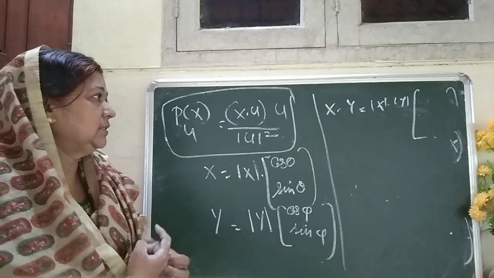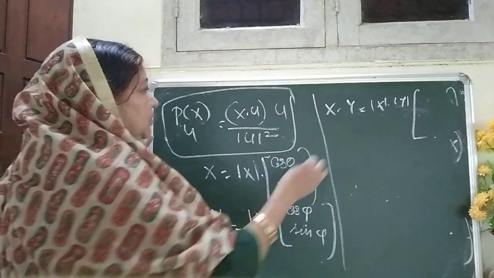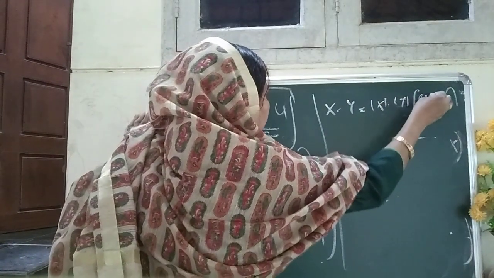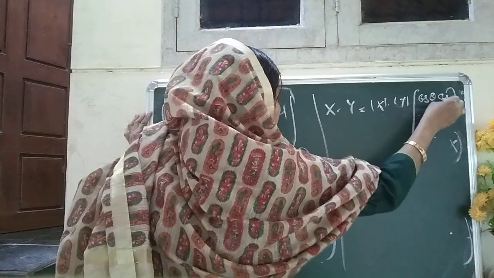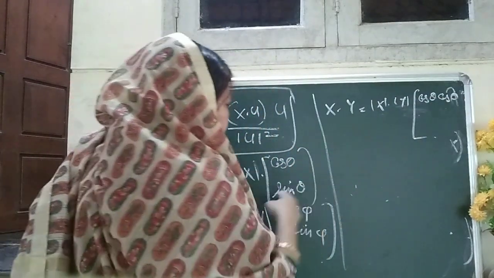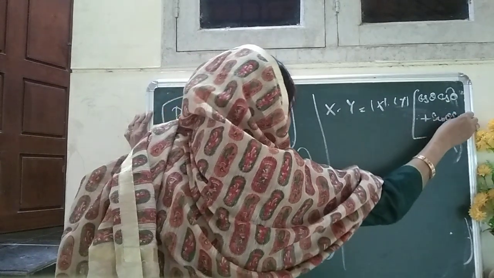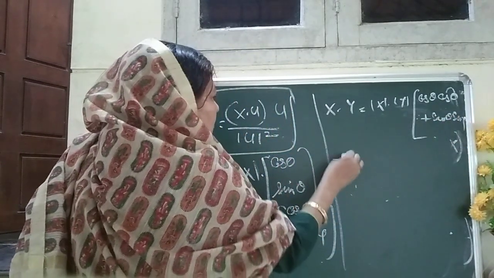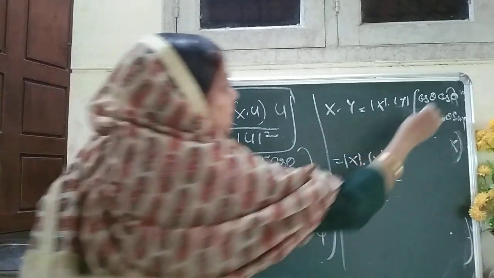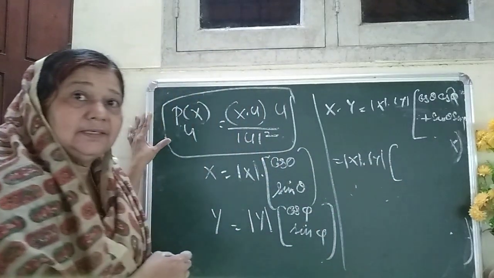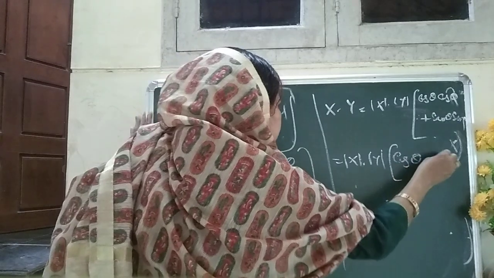We know this product equals cos theta into cos phi plus sin theta into sin phi, so x dot y equals mod x into mod y into cos A cos B plus sin A sin B. That is cos A minus B, similarly cos theta minus phi.